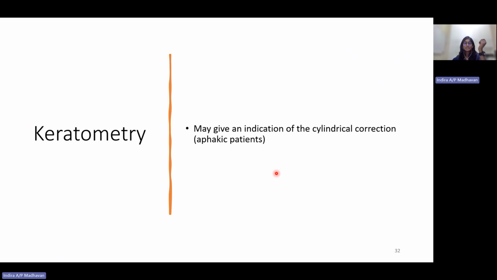But nowadays patients have high cylindrical corrections, like aphakic patients, even youngsters also. So if the cylindrical correction is found to be high, then keratometry can be conducted. That also depends on the cooperation of the patient.